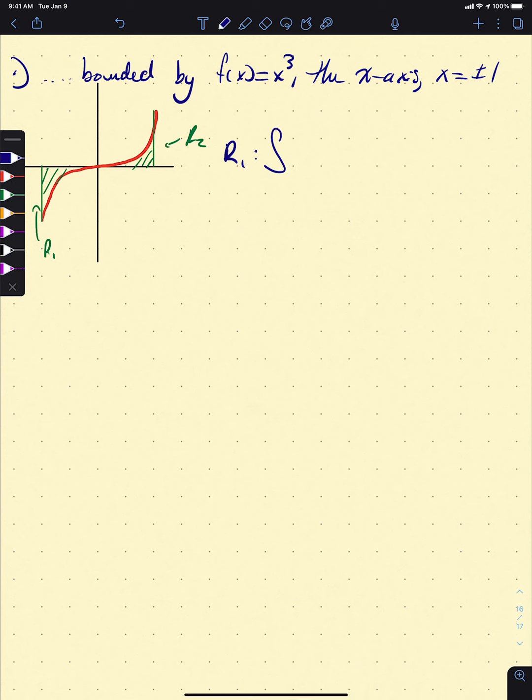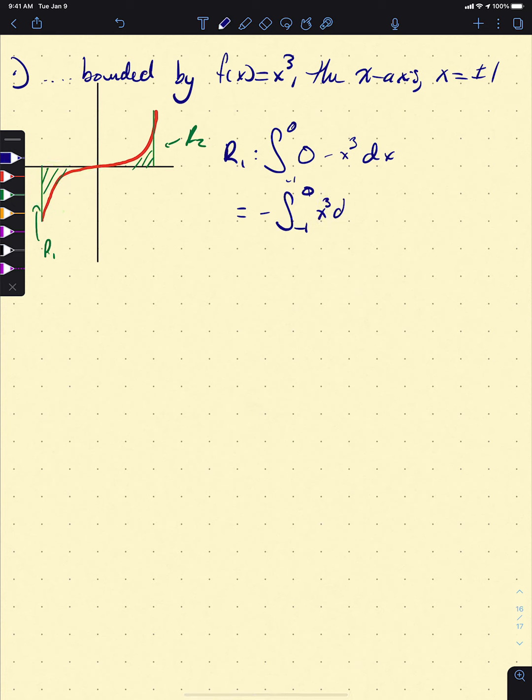R1 is going to be the integral from negative 1 to 1 of my larger function, which is 0, minus x cubed, dx. Of course, that negative is going to factor through. Negative 1 to, so this should be 0, not 1, right, because we're only worried about this little sliver here.